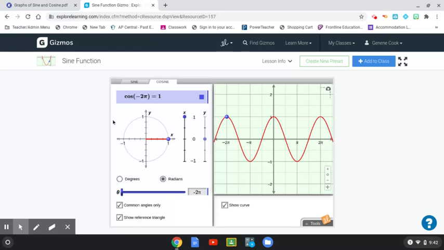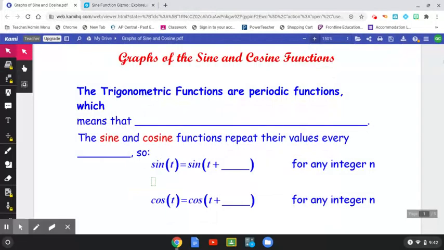Okay, so let's look a little bit closer at our parent functions. So first of all, trig functions are what we call periodic functions. And that just means that they repeat.